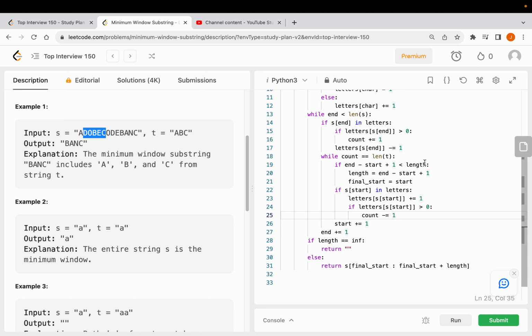So what is not intuitive about this is that you will think, so these letters, the frequency, it's 0, and you just do +1, so wouldn't that always be bigger than 0 then? No, because we have a case like this.